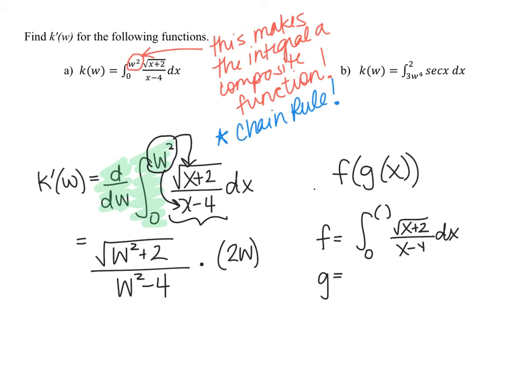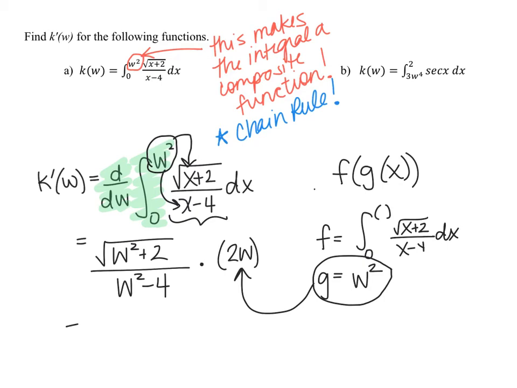And then our inner function is that upper limit of integration, which is w squared. So this is how your outer and inner function would look if you're thinking of this as the two pieces of a composite function, which is why, if the inner function is w squared, the chain rule tells us we have to chain on the derivative of that g function. That's where this 2w comes from.